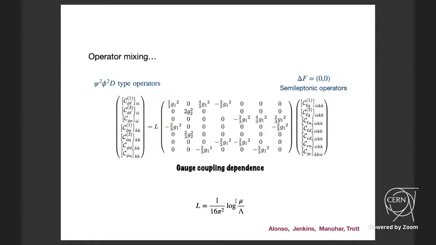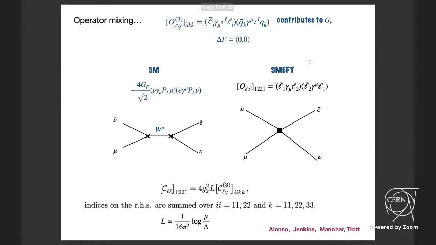Okay, apart from these flavor conserving semi-leptonic operators, there's another important term in the mixing. So you know that muon decay in the standard model is described by this kind of diagram, which is mediated by W. And on integrating out W, you get this kind of effective operator. And in SMEFT, you can have a direct contact interaction for the fermion operator, which can also contribute to the muon decay.